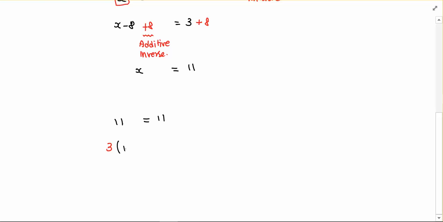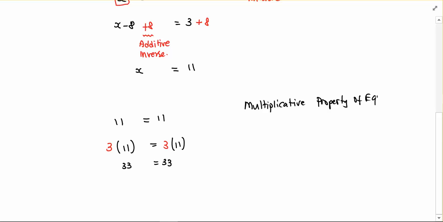So 3 times 11 equals, if I multiply the left side by 3, I've got to multiply the right side by 3, just to see, and I get 33 on the left equals 33 on the right. Again, true. And so that leads me to the multiplicative property of equations.